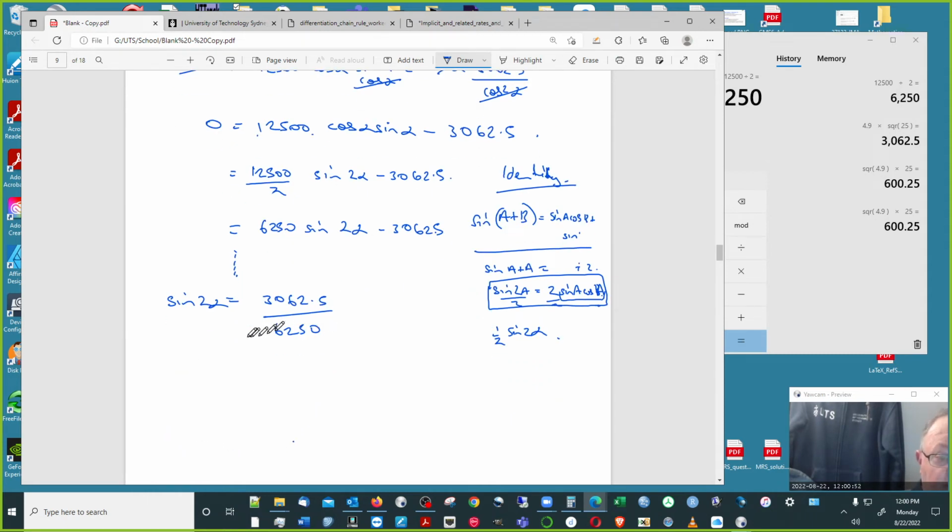Now, how are we going to get to the 2 alpha? So 2 alpha, and then alpha will finally be divided by 2.